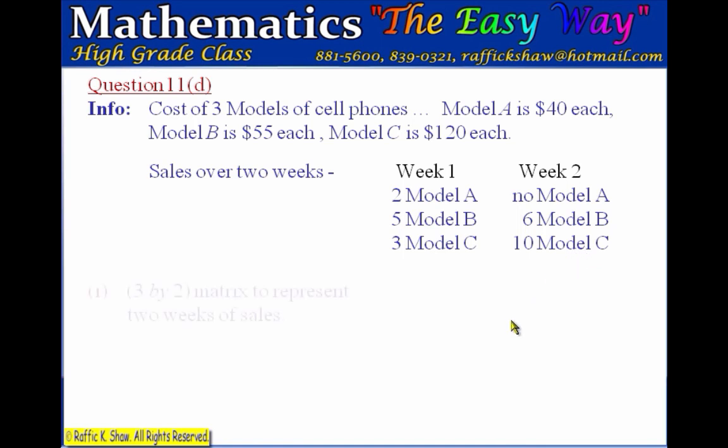The first part wants us to write a 3x2 matrix to represent the 2-week sales. A 3x2 matrix has 3 rows and 2 columns. Since we are talking about 3 phones and 2 weeks, we will place the information for the 3 phones in the 3 rows, and the information for the 2 weeks down the 2 columns.